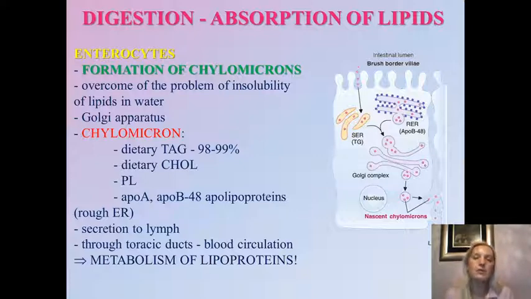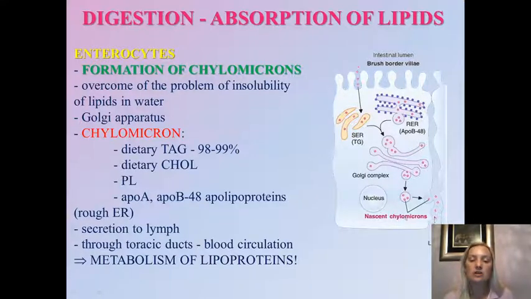Specific apolipoproteins incorporated in the chylomicron are ApoA, which are structural apolipoproteins for the maintenance of the proper shape of the particle, and ApoB48, which is very specific for chylomicrons. So the particle is formed, which is marked as a nascent chylomicron, and these nascent chylomicron particles are then secreted to lymph and then through the thoracic duct to blood circulation.